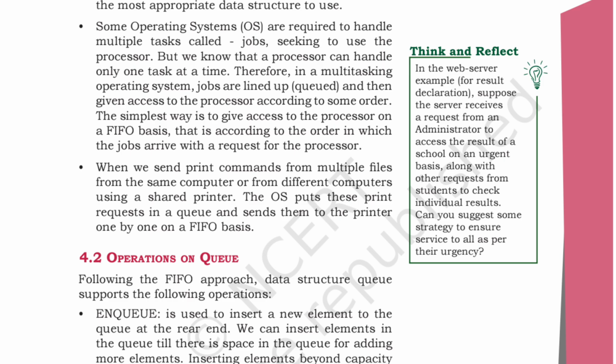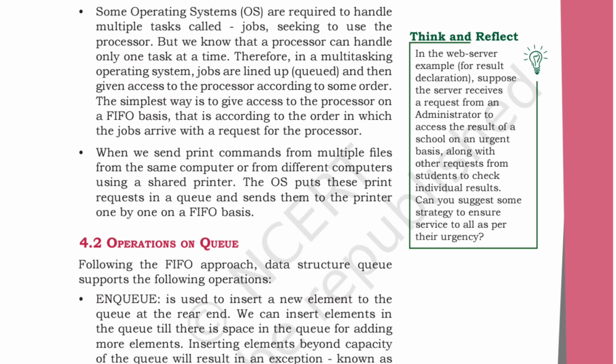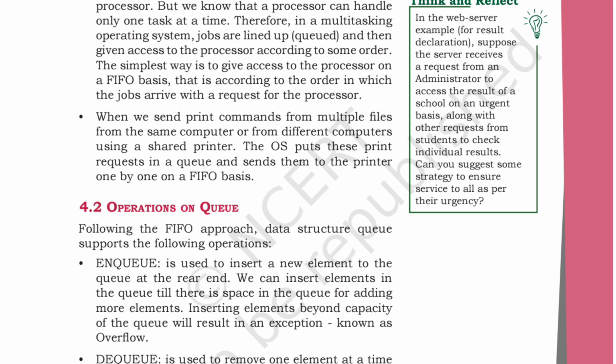Okay, when we send print commands for multiple files from the same computer or from different computers using a shared printer, the operating system puts these print requests in the queue and sends them to the printer one by one on a FIFO basis.